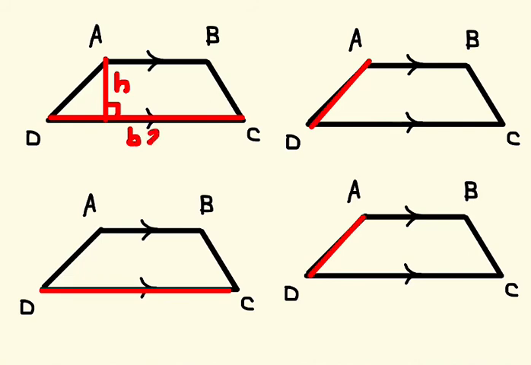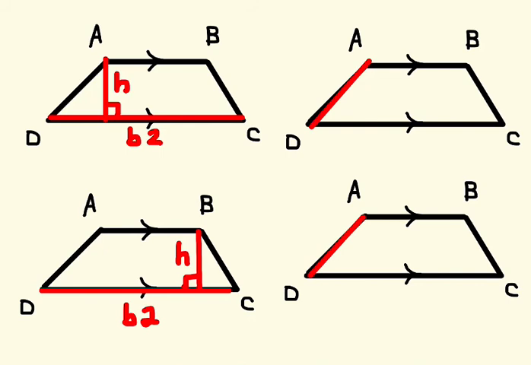We'll say this is base 2, and base 1 is the one right above it, parallel. The next one, I can drop from B down to DC, and this is the height, and this again is base 2, or base 1 is the one above it.